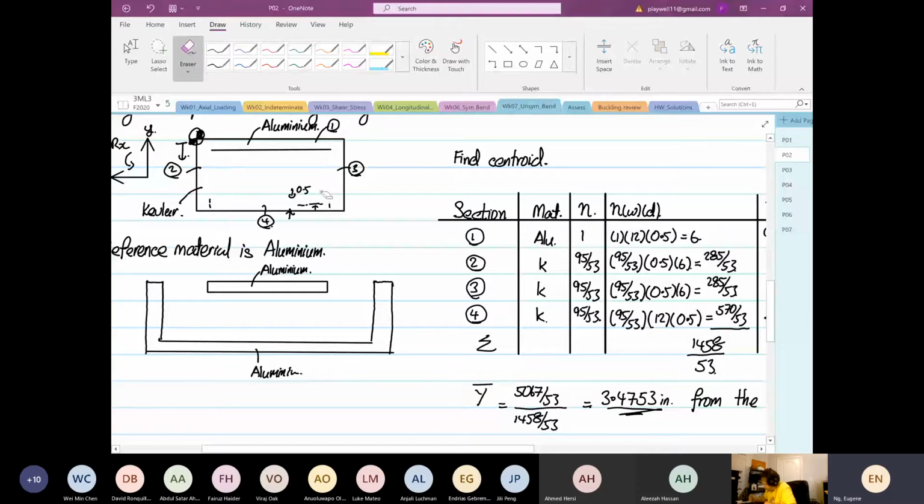Either way, let me get rid of this. So it's basically the distance from here to here is 0.5 divided by 2. And then the distance from here to here is 6 minus 0.5 divided by 2. Does that make sense? Yeah, it does. Thanks. Okay.